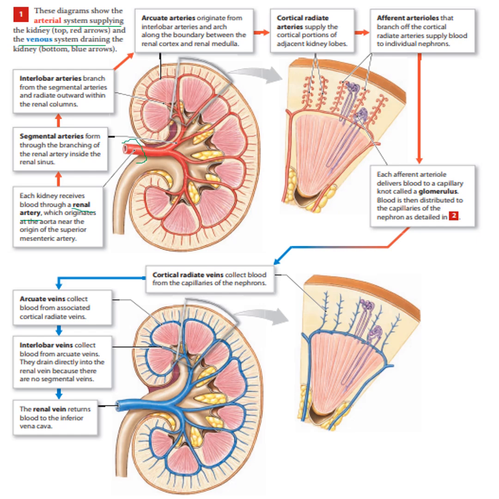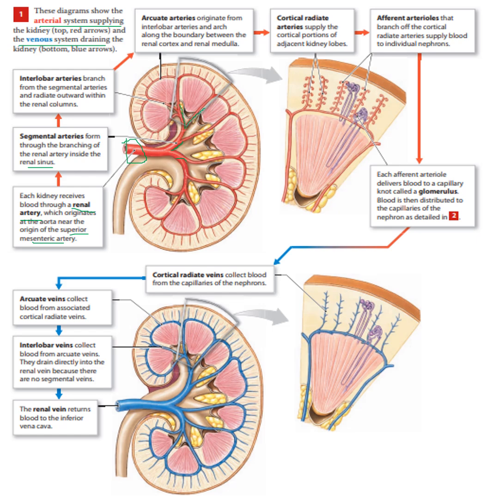This is the renal artery, which originates at the aorta near the origin of the superior mesenteric artery and divides into segmental arteries. These are the segmental arteries, formed through the branching of the renal artery inside the renal sinus. Each segmental artery divides into the interlobar arteries, as you can see here.